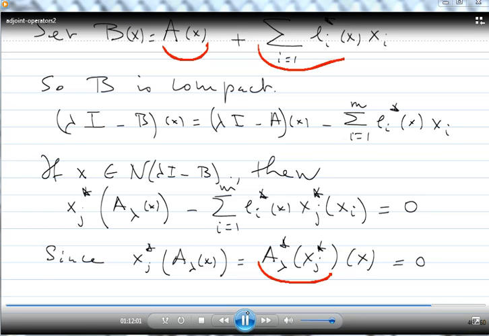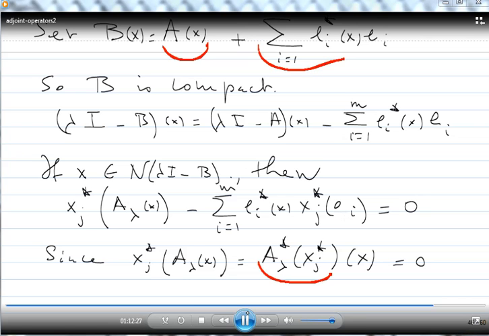We did a little tiny mistake here. This x, in fact, is ei. Okay, so this here is ei, and this one here is ei.